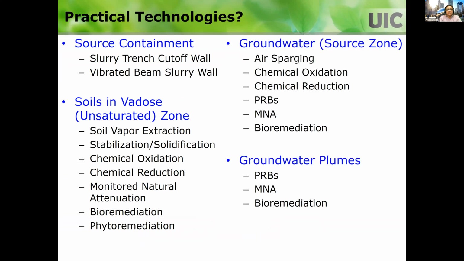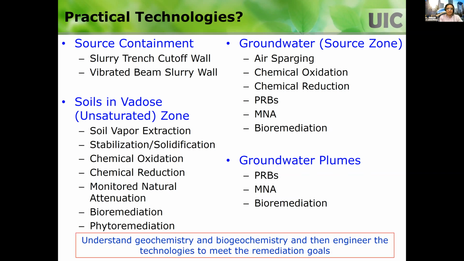So these are the technologies, and you need to match the contamination and soil conditions to the technology. So you don't have one technology that can work everywhere. So you have to match it. Let's say if I have a sandy soil, or if I have a silt, if I have a clay soil. So you need to really think about soil conditions. That's something geotechnical engineers can think about. And then if you have the contamination background a little bit, then you can match the technologies properly.